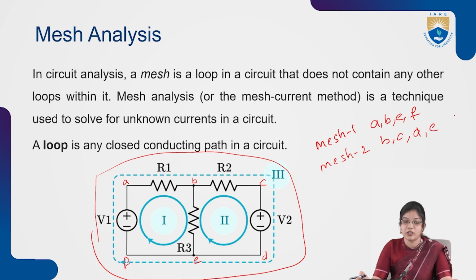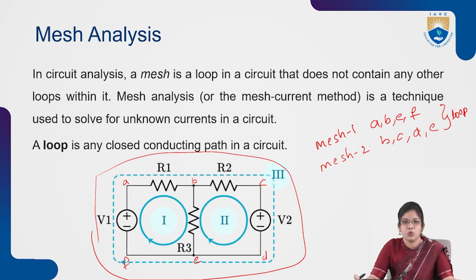Now what are the loops? Here there are two meshes which allow the flow of currents. If we consider loops, here we have three loops. We have already seen two meshes, and meshes are nothing but loops, so they also come under loops. What is the third loop?